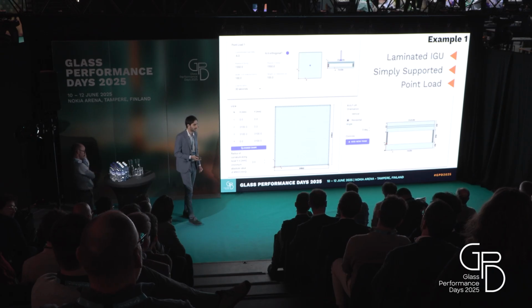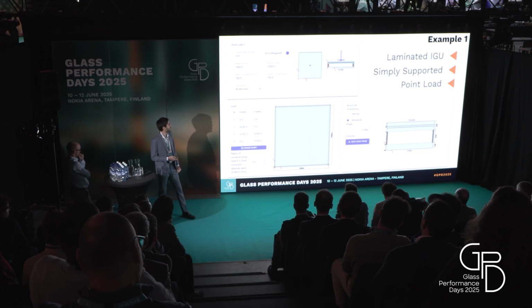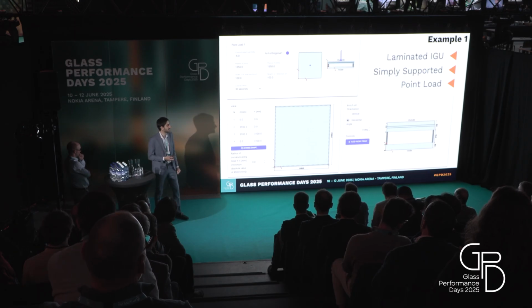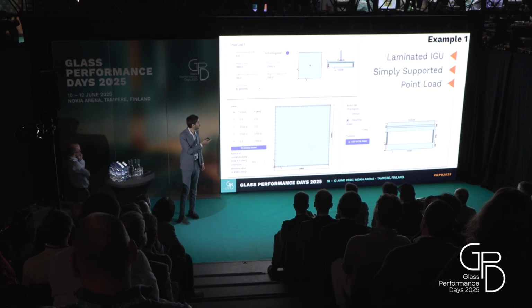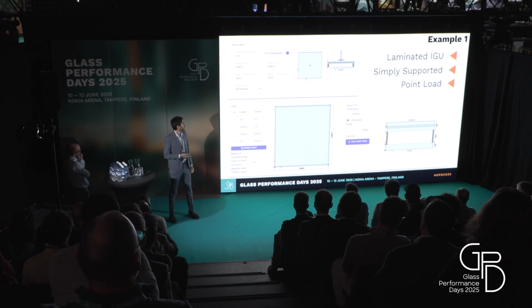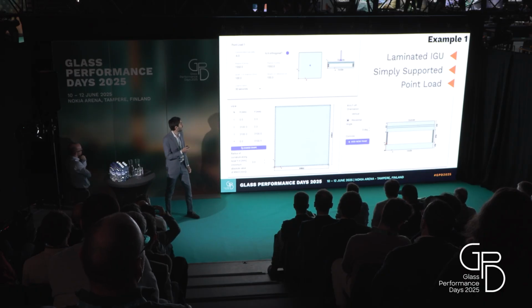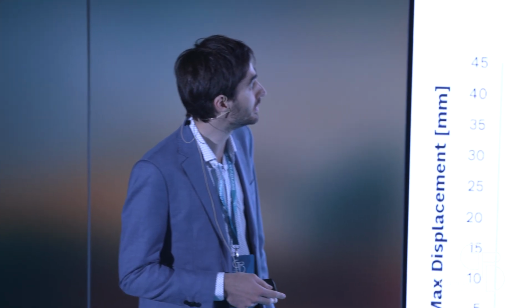Here I compare the results of the analysis with Strand7, and the first example here is of laminated IGUs with a pseudo-concentrated load on the upper side. It's a simply supported IGU, and here are some comparisons.